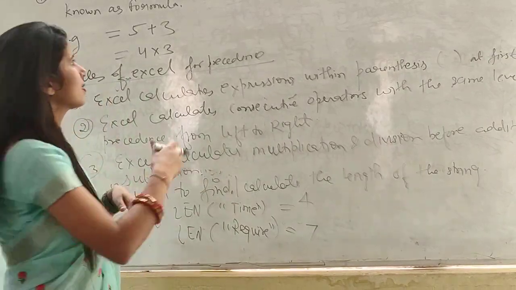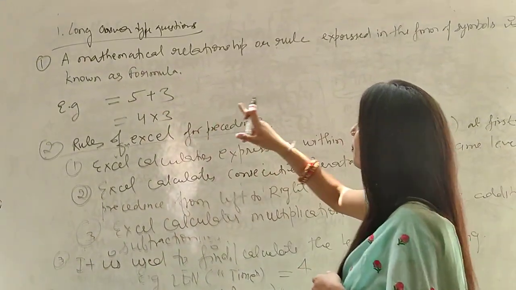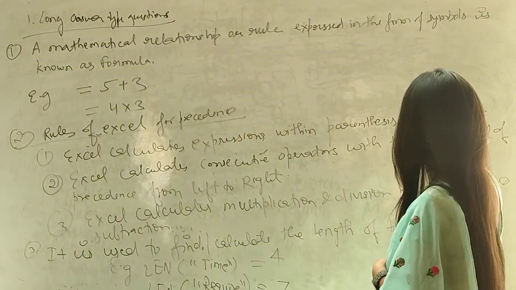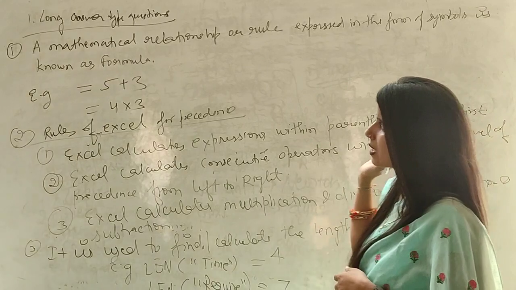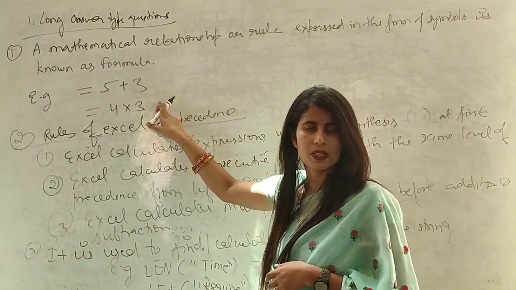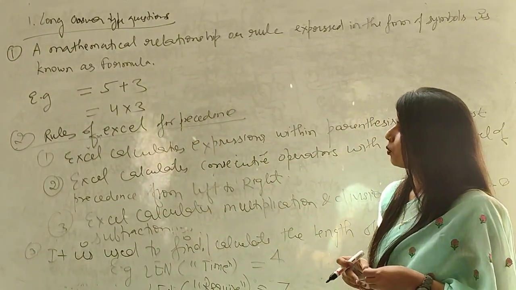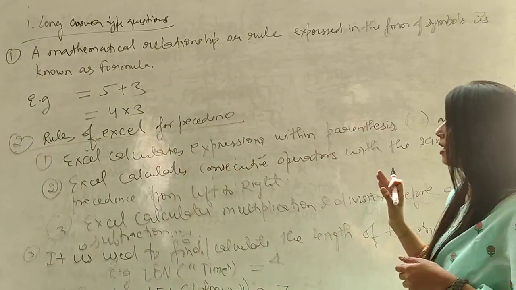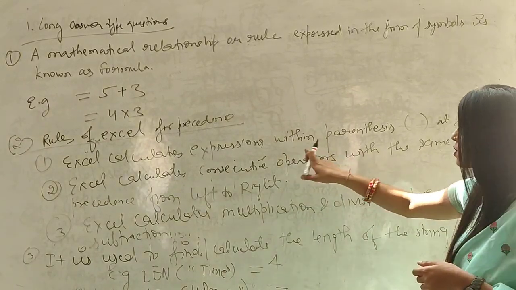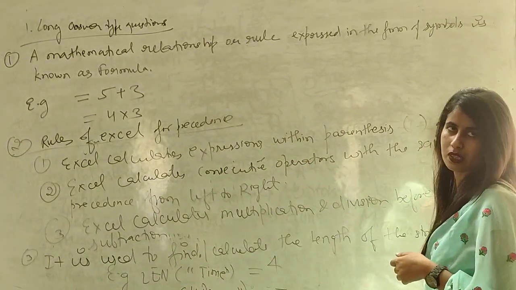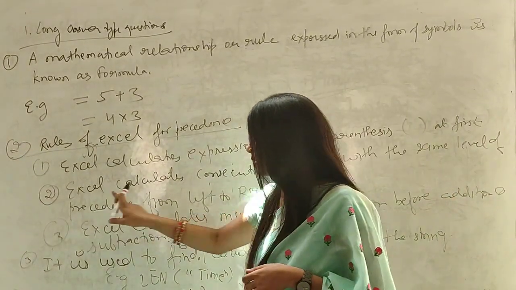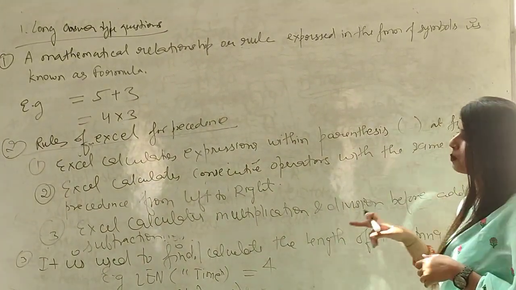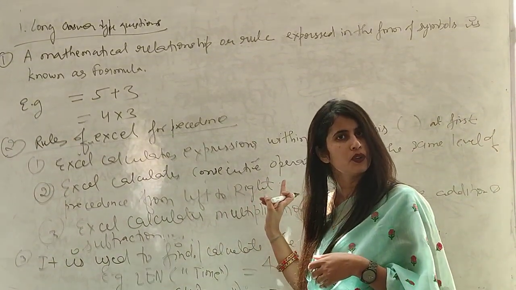Okay. So the answers I am reading once more time. First answer is, a mathematical relationship or rule expressed in the form of symbols is known as formula. These are the two examples. The second answer is, rules of precedence for the actions are, first one is Excel calculates expressions within parentheses first. Okay. Second one is Excel calculates consecutive operators with the same level of precedence from left to right.